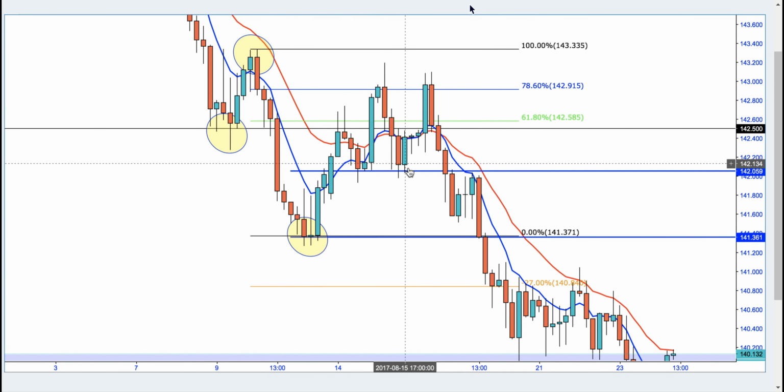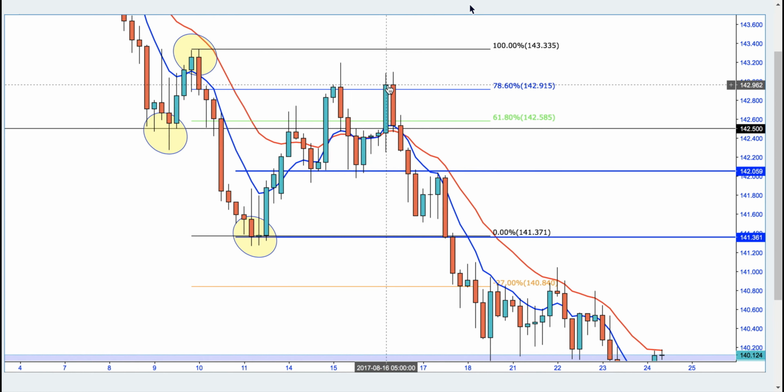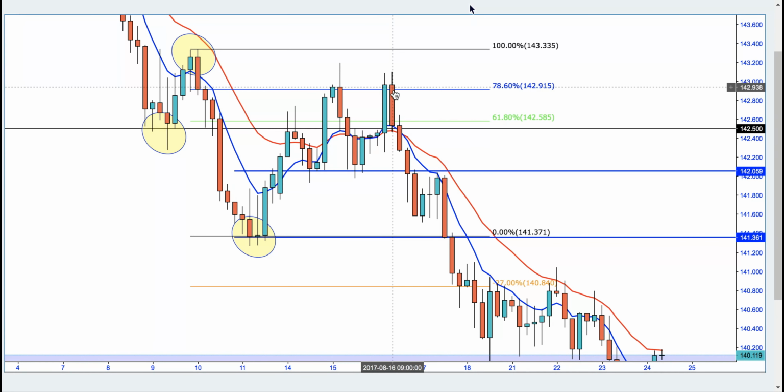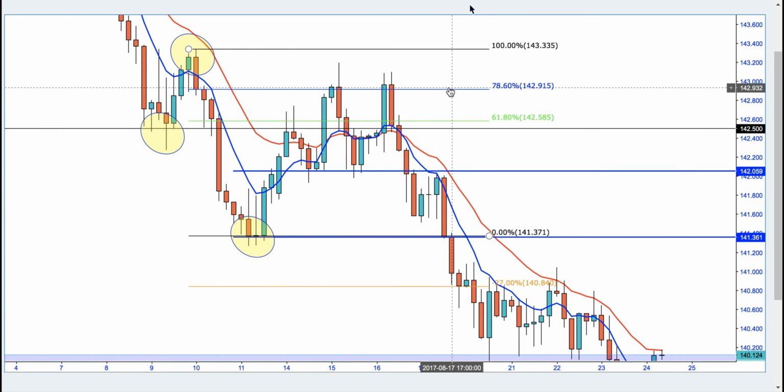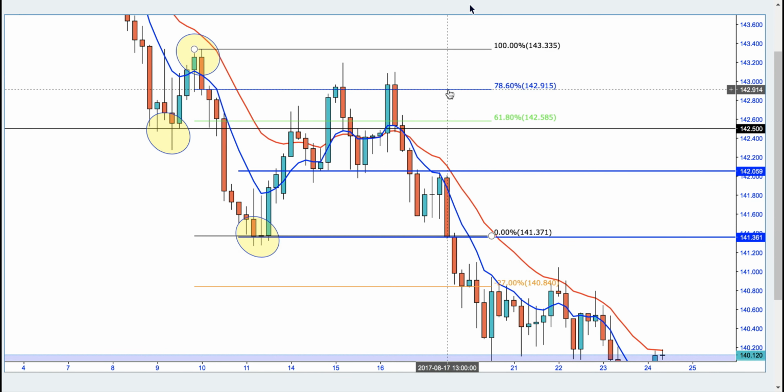However, look what's happened. Market's come back above, spiked above, tweezer top once more, and back below. So we went 91, 15 pips above that would be 143.06. 143.06 right there.